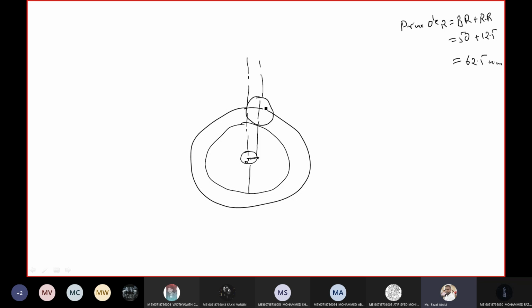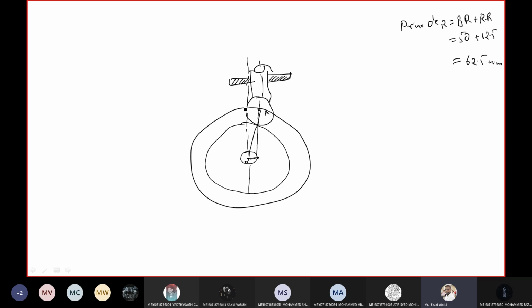Diameter of the roller is given 25 mm. So measure 12.5 radius, draw the roller, and draw the follower. This is the roller follower. Okay. Now after drawing this, this is the first point, A point. This is the O point. Connect A to O.